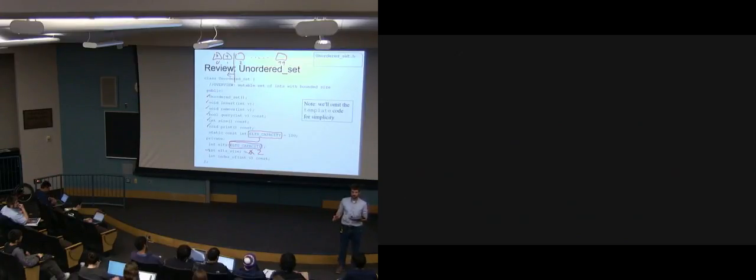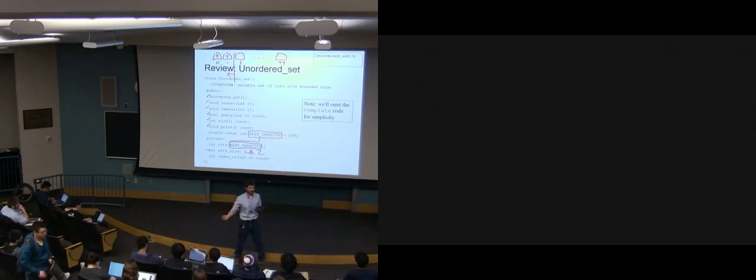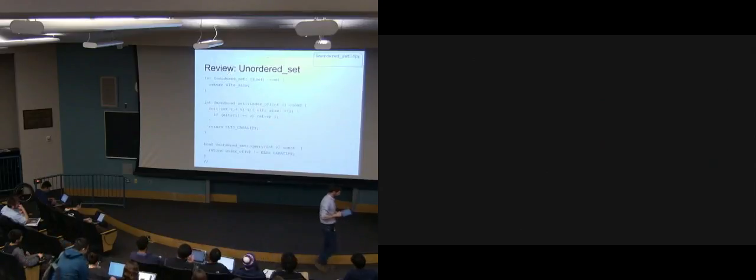Remember how we did a sorted version? We're not going to do that today. We're going to stick with the unordered version, and I want to focus on this array and how to make it get bigger and smaller. These are the member functions that were for the unordered version, the simpler ones.